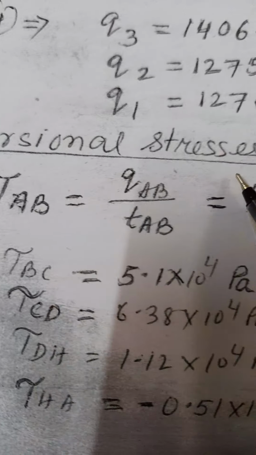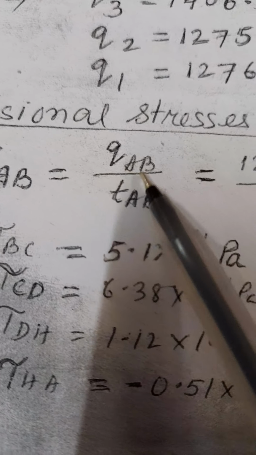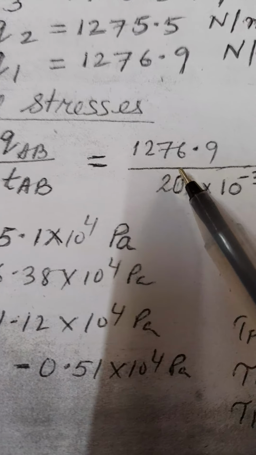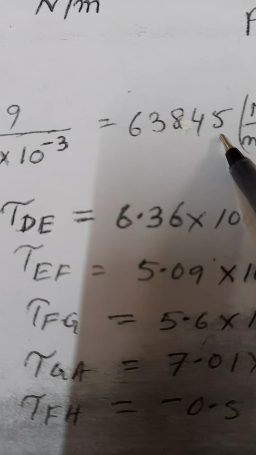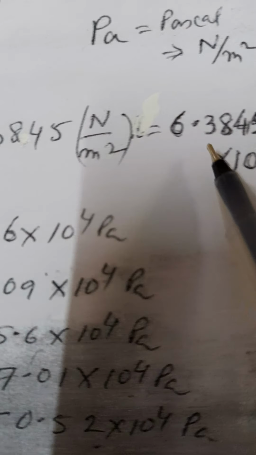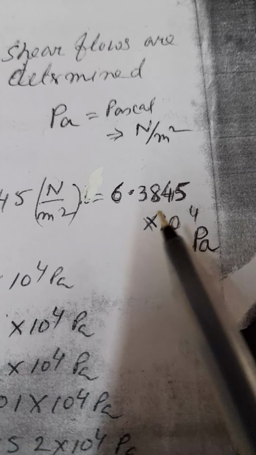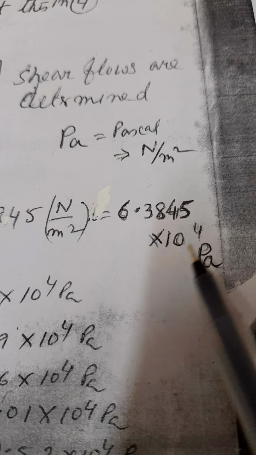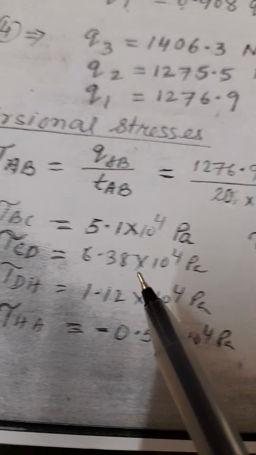Now torsional stress. Torsional stress tau AB is equal to QAB by TAB. Now this is found out. This one is Newton per meter square, or 6.384 into 10 to the power 4 Pascal, Newton per meter square.